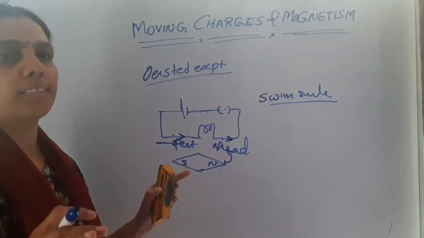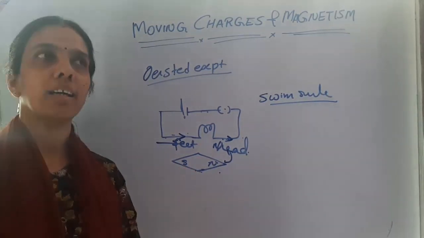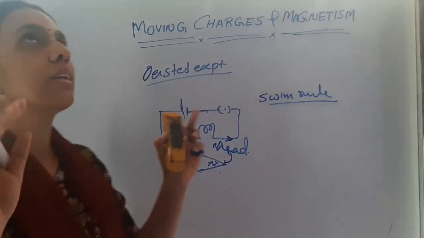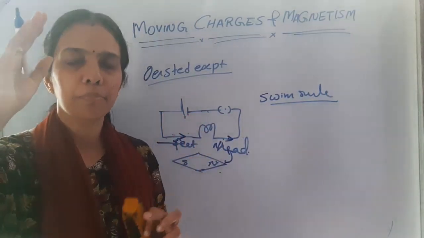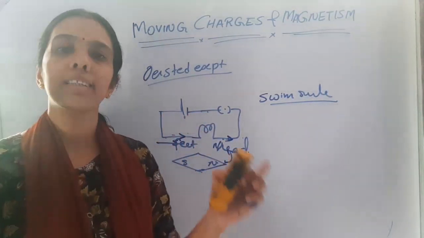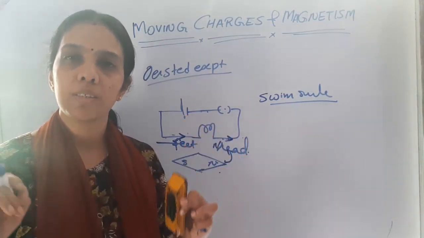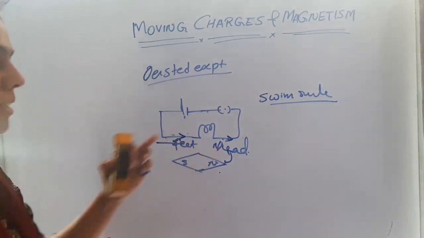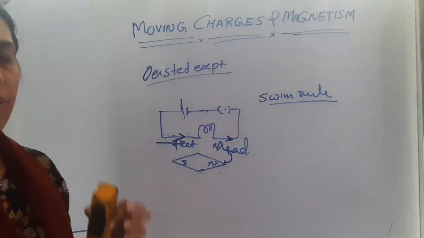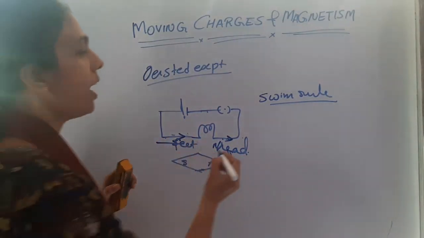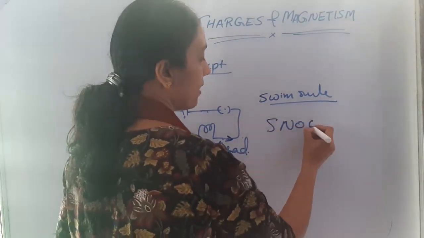He will be like this, right? As he is looking at the magnetic needle and taking the backstroke, the north side will be deflecting towards his left hand. In such a manner you should find out the rule.